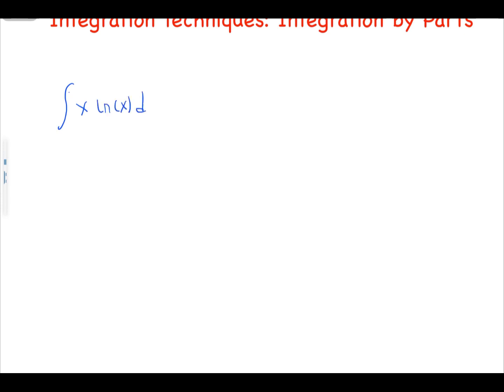By the time you finish evaluating this example, you will get a clear picture of how sometimes you need to make your decisions on choosing your u and your dv.